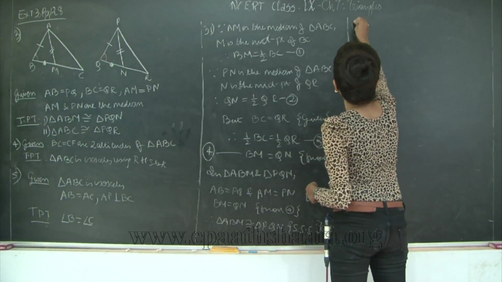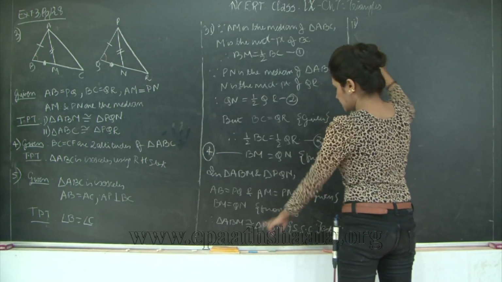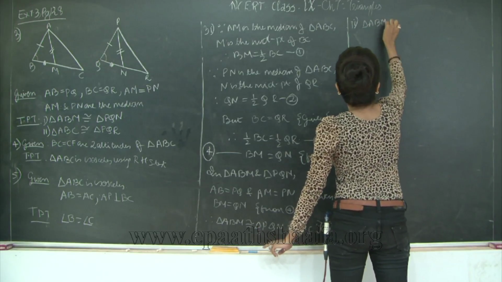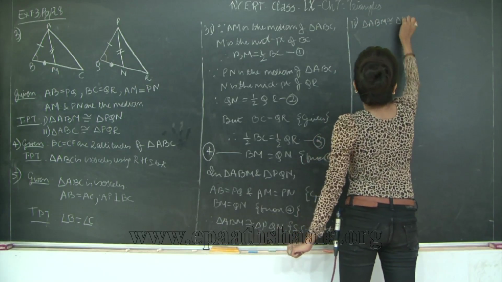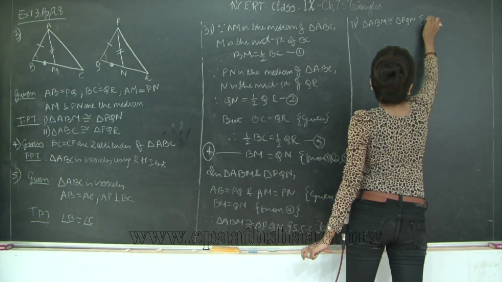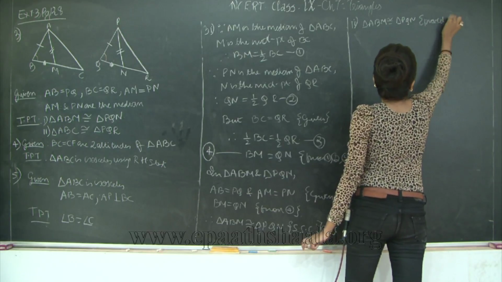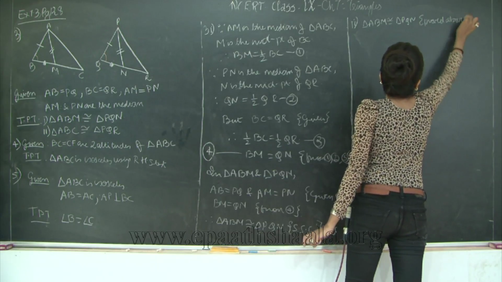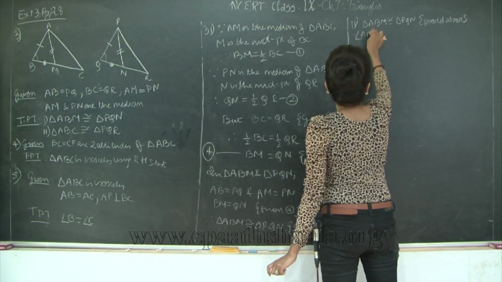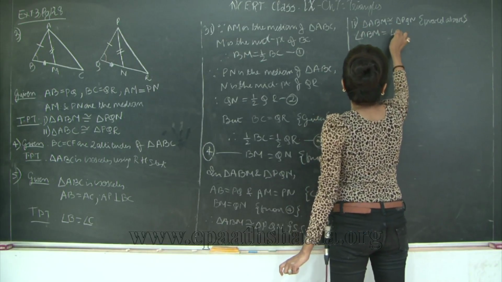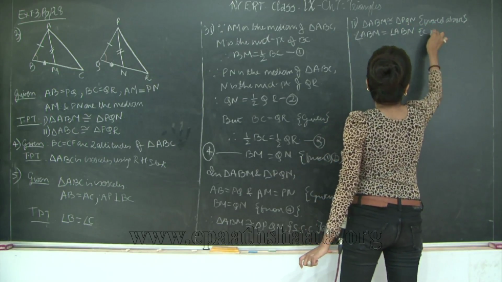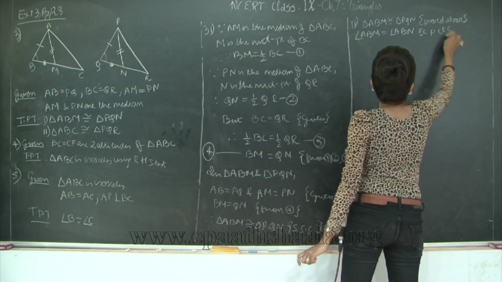So my second part, I'll say that triangle ABM is congruent to triangle PQN, correct? Proved above. Therefore, what do I have? Angle ABM is equal to angle PQN, by CPCT, that is congruent parts of congruent triangles.